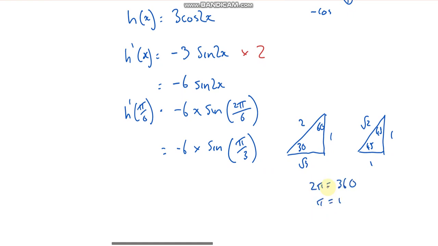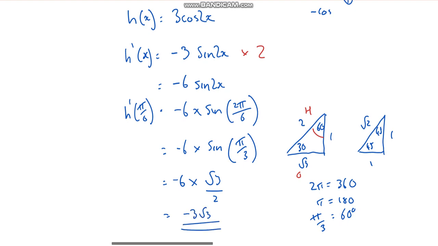So pi over 3, 180 divided by 3, that'll be 60 degrees I'm looking for. So sine of 60 is the opposite over the hypotenuse. I'm going to have negative 6 multiplied by root 3 over 2. So negative 6 over 2 is negative 3 root 3.